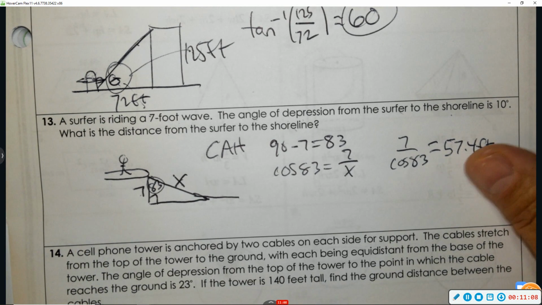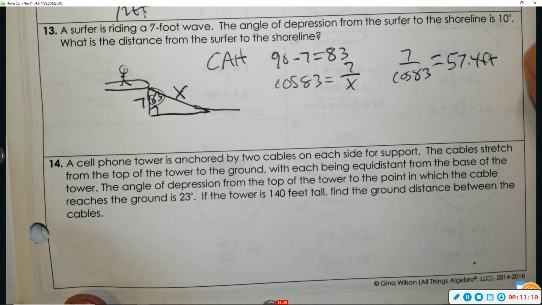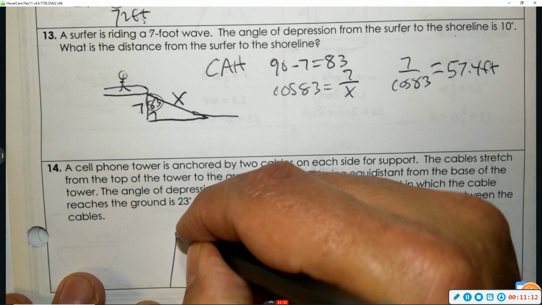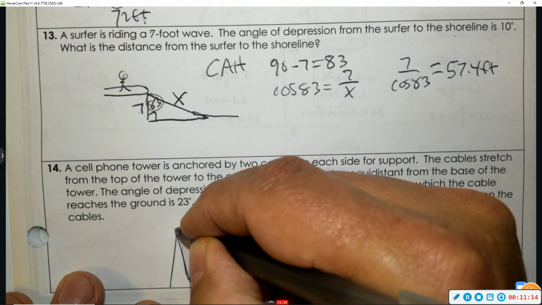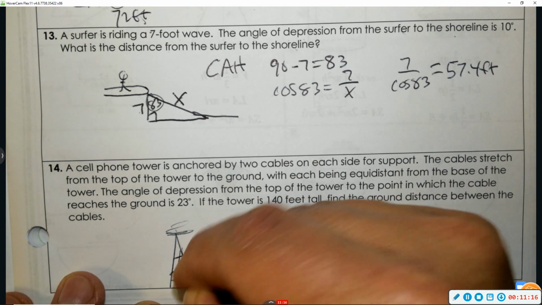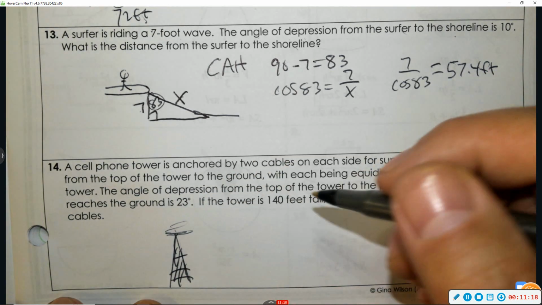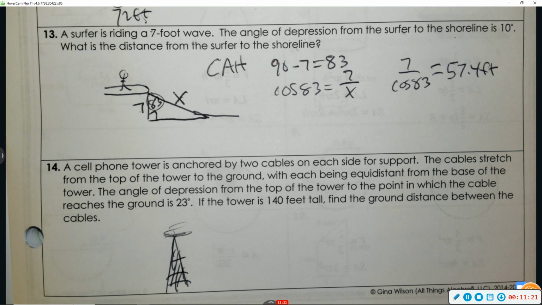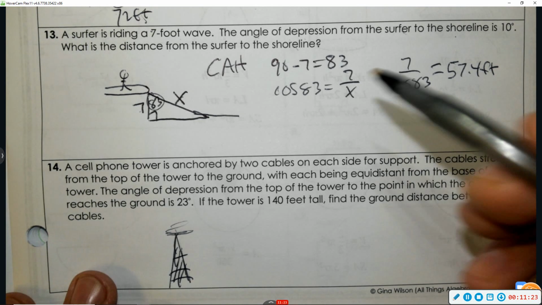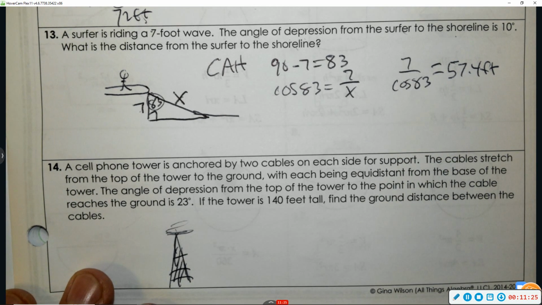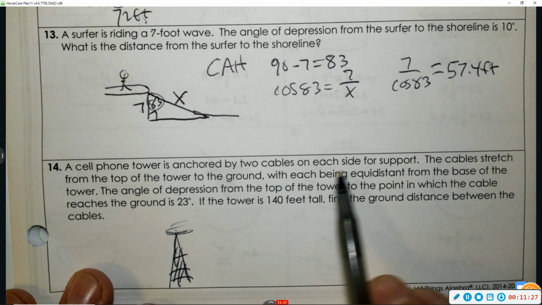All right, last one, number 14. A cell phone tower is anchored by 2 cables. There's a cell phone tower anchored by 2 cables from the top of the tower to the ground by each side.